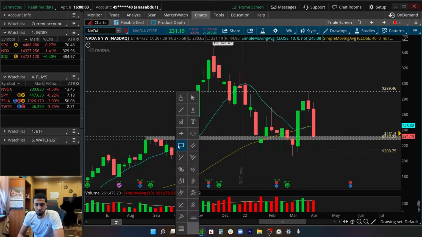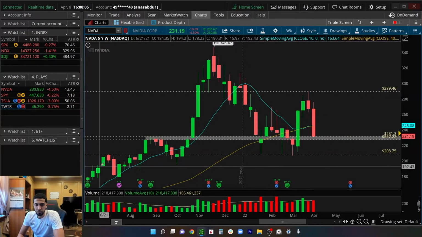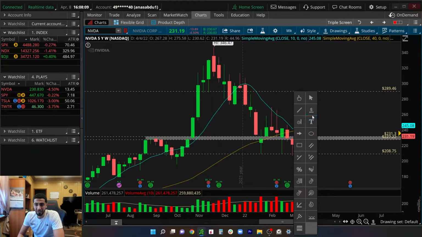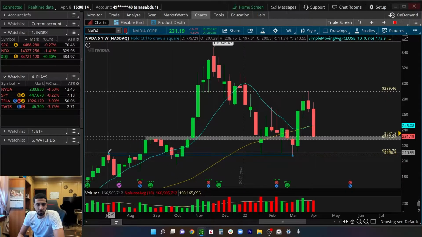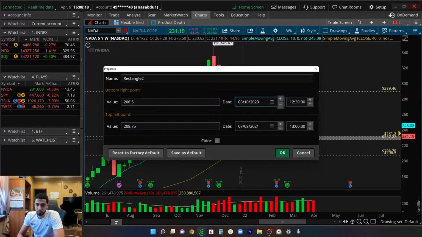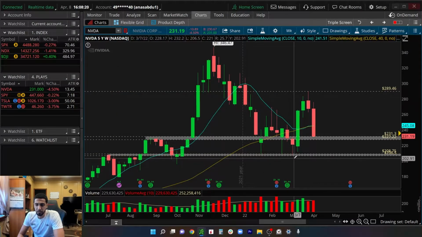And then I'll scroll here. As you can see, this was 208, and then I'll take the lowest part of this, which was 206.5, and then I'll draw the rectangle. That's a key zone.